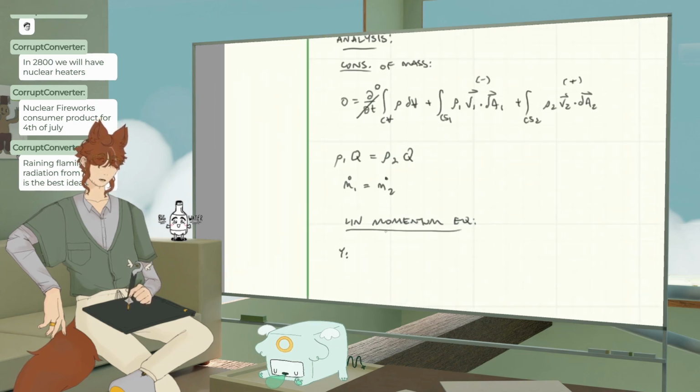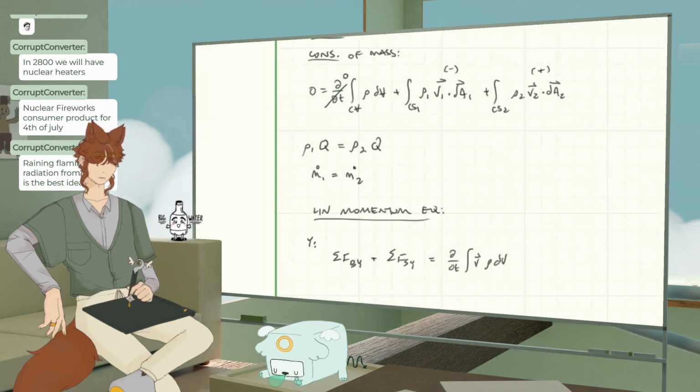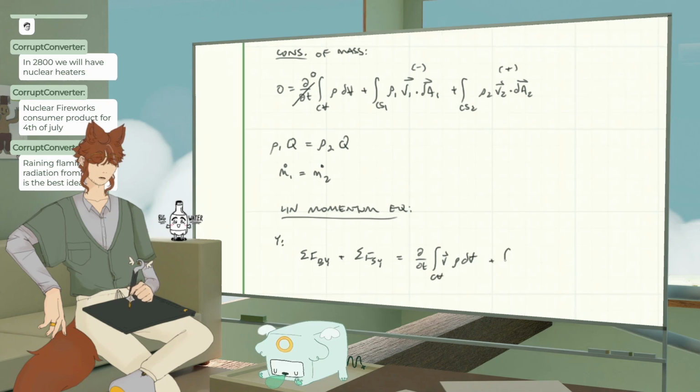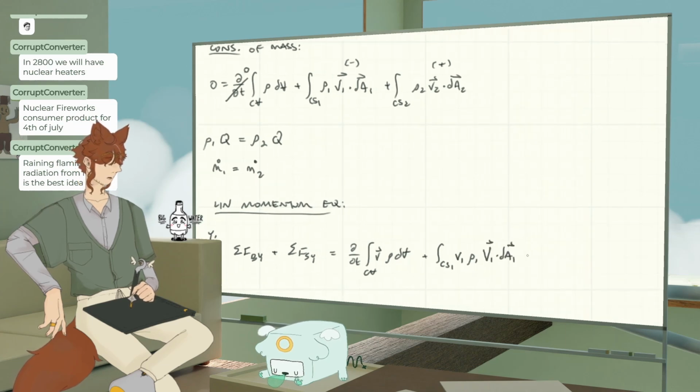So sum of the body forces Y, sum of the surface forces Y, equals d by dt of the control volume V rho dv, plus, and we got two CS's, CS1, okay, this is in the Y direction, so it's going to be V1 rho 1 big V1 dot dA1, plus CS2 little v2 rho 2 V2 dot dA2.